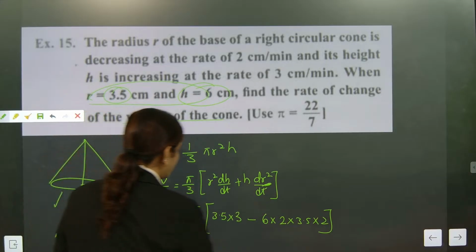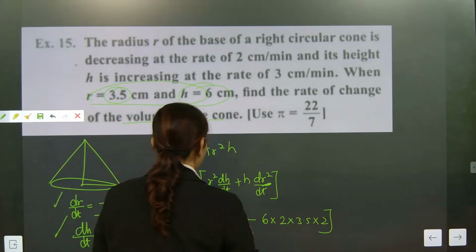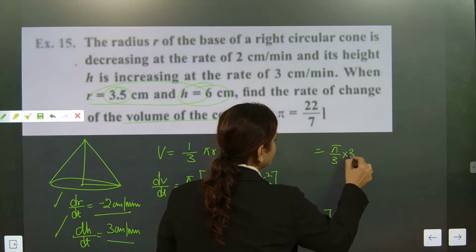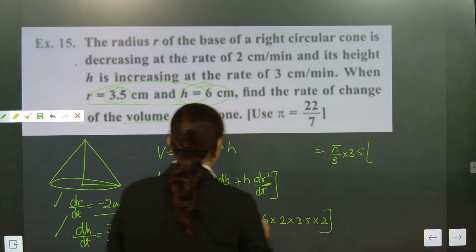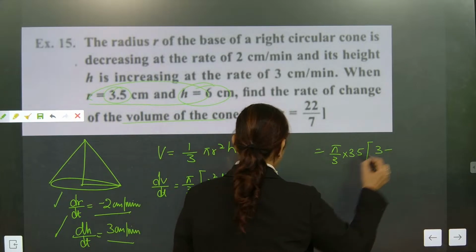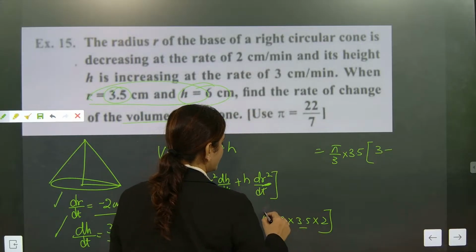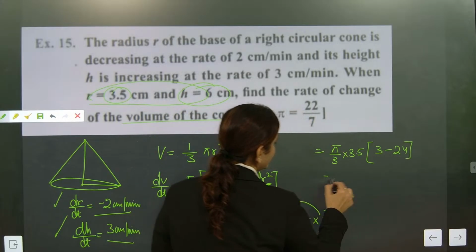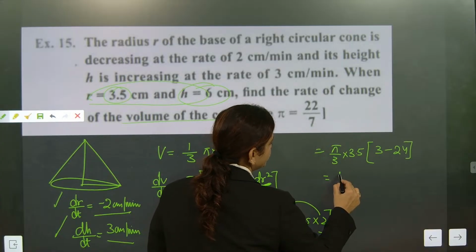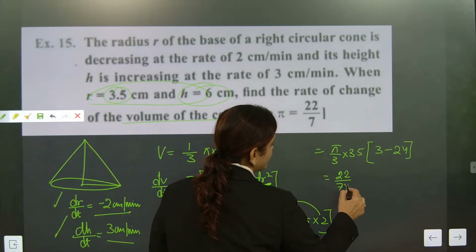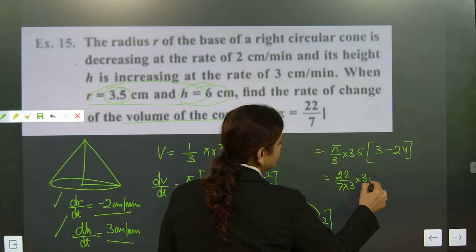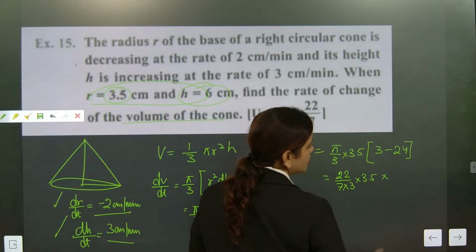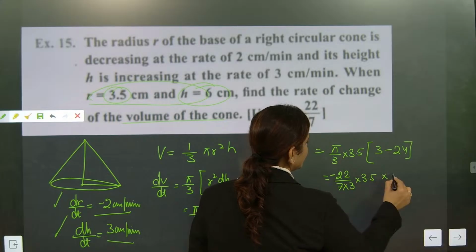So just go for it. How much will it become? 3.5 we will take common. So pi by 3 into 3.5 taken out. What is left here is 3 minus, here 3.5 taken out, 6 2s are 12, 12 2s are 24. So 24. Now it is coming as 22 by 7 into 3 into 3.5 into how much? 4 minus 3? 21 minus 21.